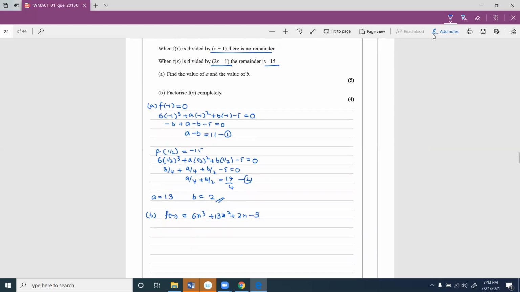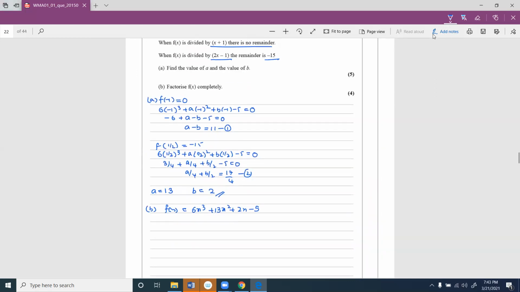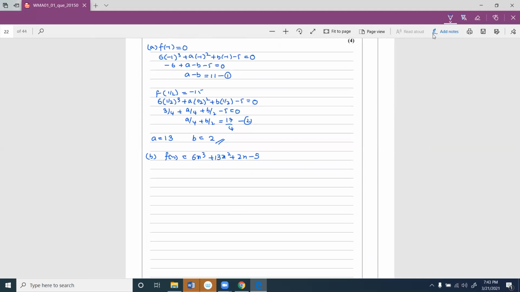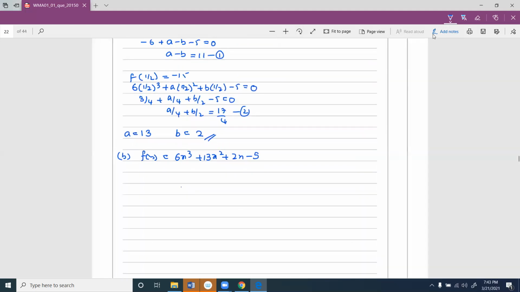Initially it's given that x plus 1 is a factor. As the first step, because we know x plus 1 is a factor, I divide 6x cubed plus 13x squared plus 2x minus 5 by x plus 1, and simplify this into a quadratic equation.